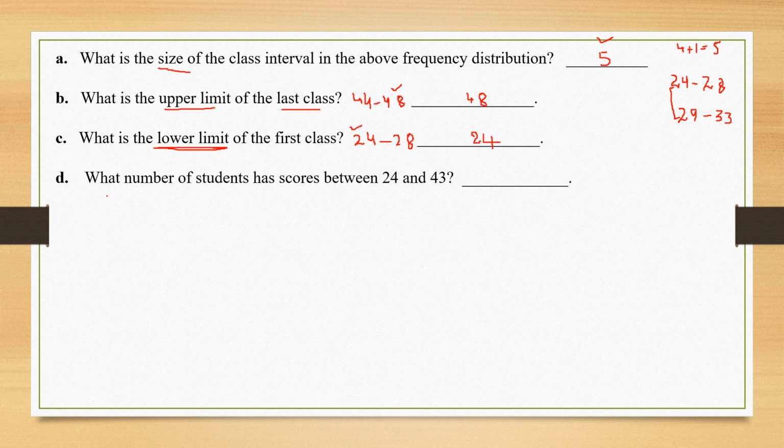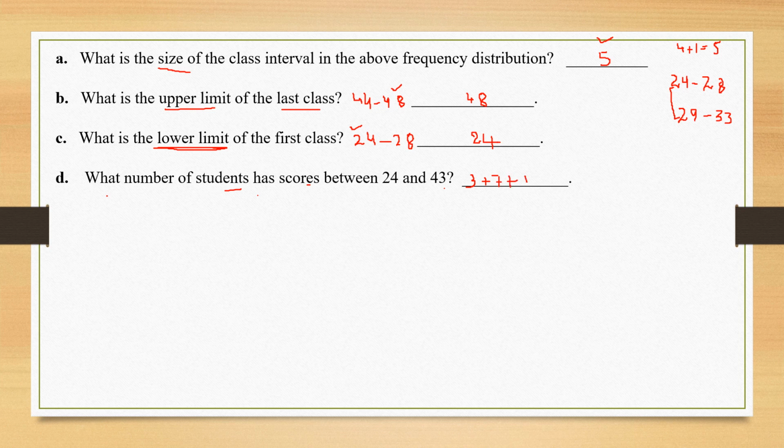In this part, what number of students has scores between 24 to 43? If you look back to the frequency distribution table, from 24 to 43 in total, the first group we have 3, and the second group we have 7, the frequency is 7.